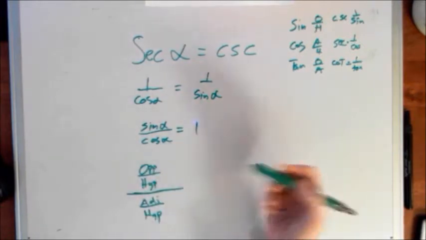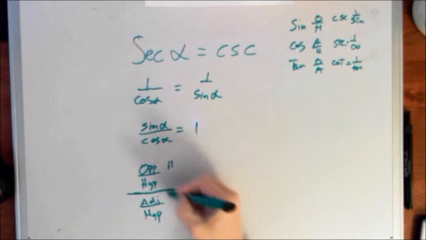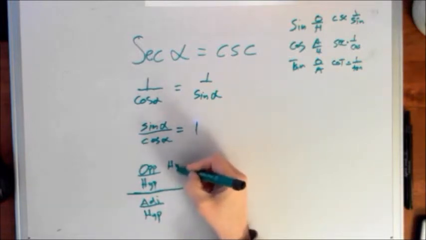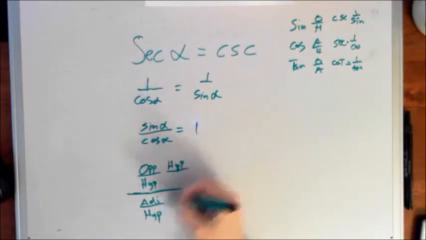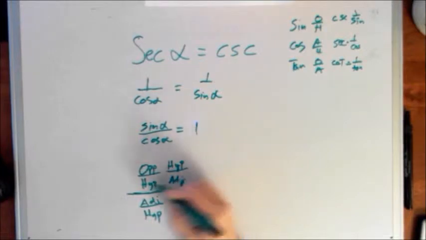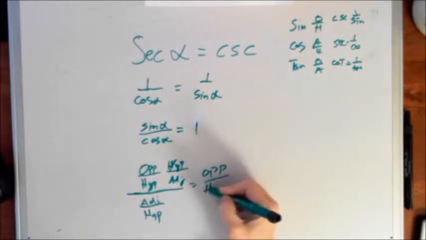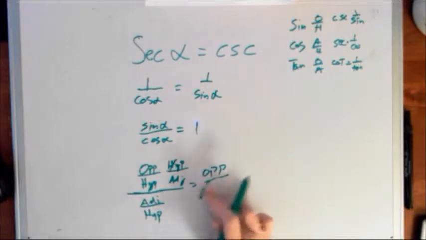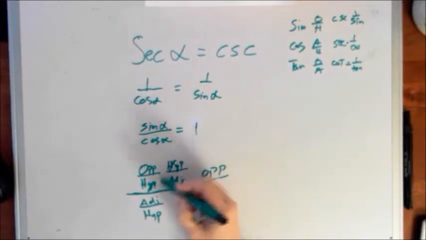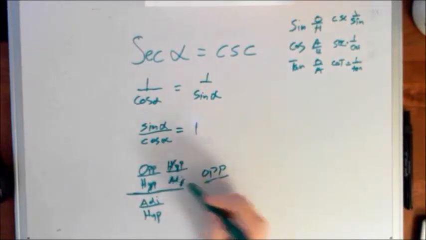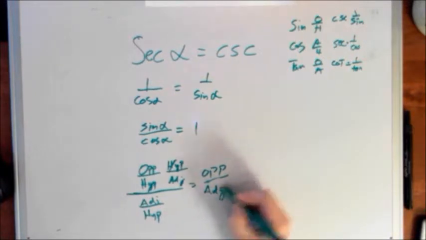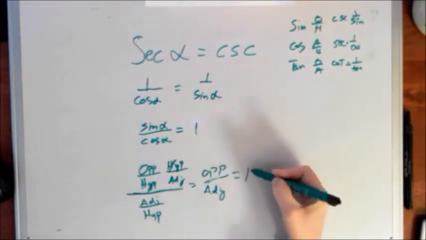But let's reduce this a little bit more. So just bringing this up and inverting, I get hypotenuse over adjacent. Those cancel out, which leaves opposite over adjacent, which is equal to 1, just carrying down.